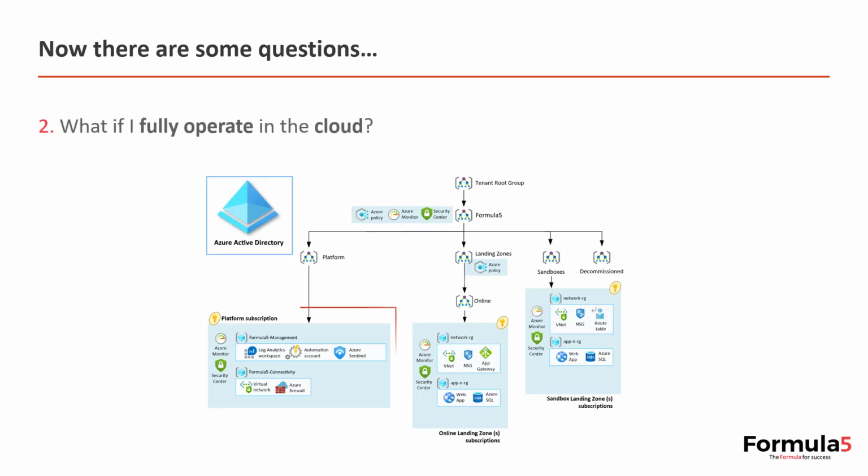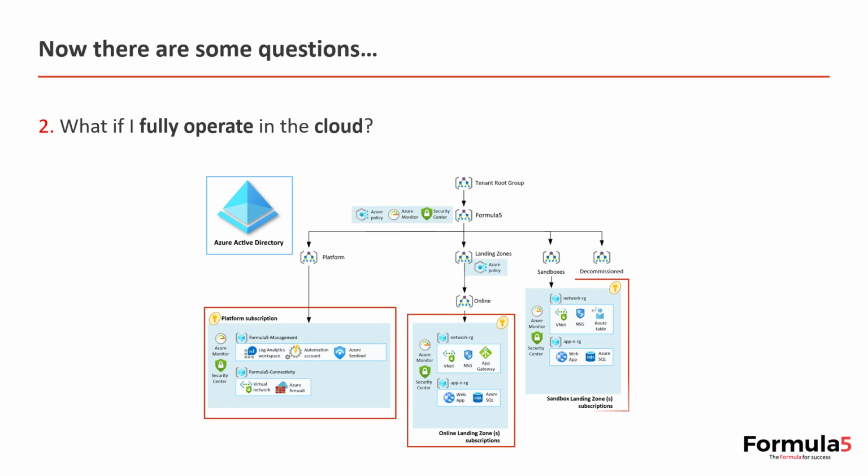So another question: what if I fully operate in the cloud? Yes. So basically, when we talk about the cloud, in most scenarios, our clients utilize some on-premises resources and also utilize Azure Cloud. But in this case, I think it's also worth asking: what is the scenario when I fully operate in the cloud? So in this case, for instance, we talk about identity landing zone and we talk about domain controllers.